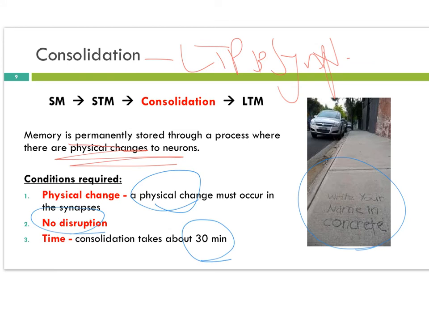So let's say, for example, that you are driving home from the psychology class that we had today. And all of a sudden, you're in a car accident and you sustain a knock to the head and you briefly lose consciousness for a few minutes. Well, what's happening here is that there is an interruption to the consolidation process. So we've had an interruption.